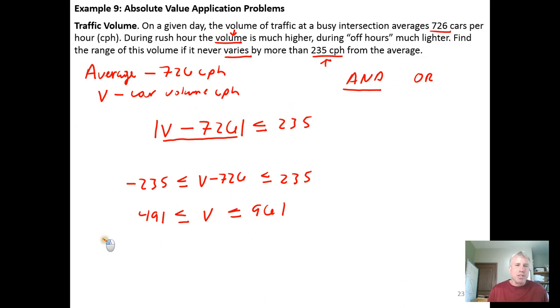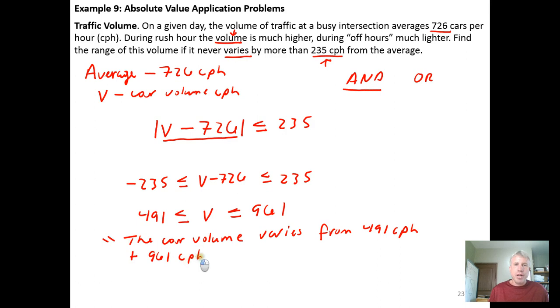So answering this in a complete sentence, the car volume varies from 491 cars per hour to 961 cars per hour, comma, inclusive.